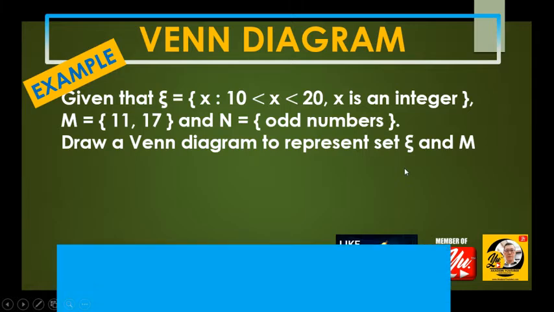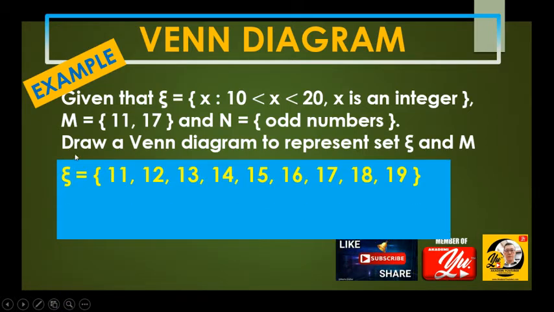The first thing we do is we list out all the elements inside universal set. The universal set is x, where x is an integer and x is between 10 to 20. So the elements of universal set are 11, 12 until 19. Set M is 11 and 17.